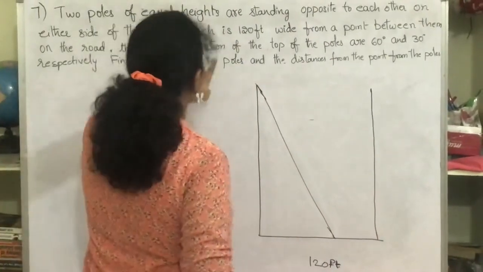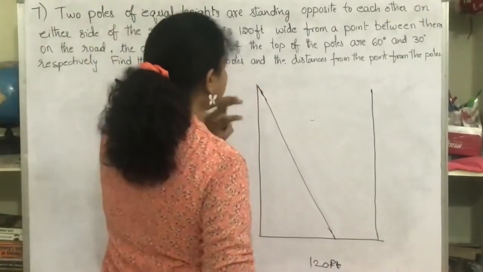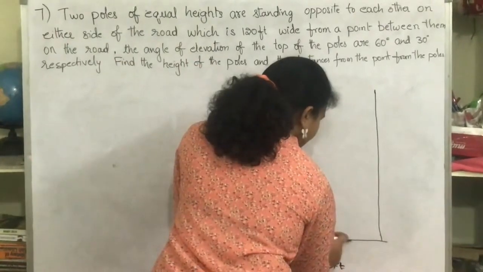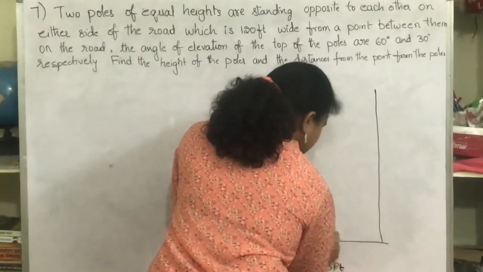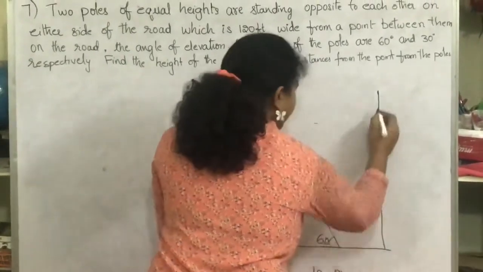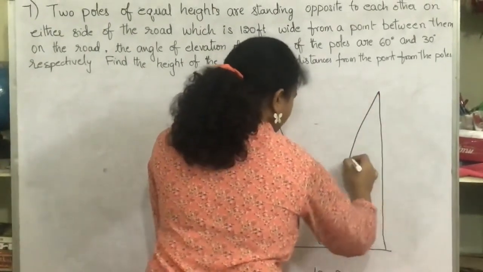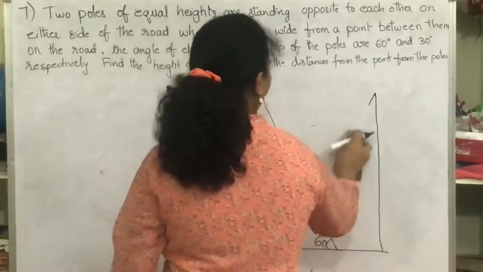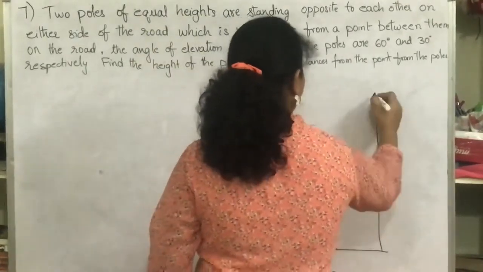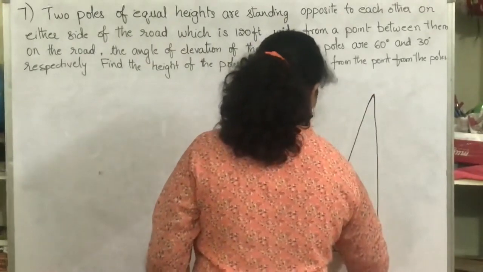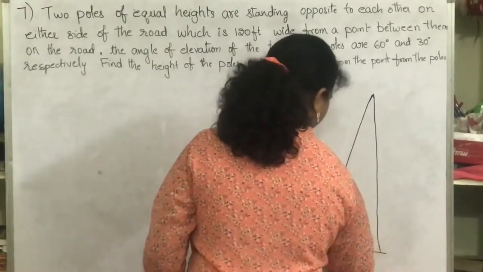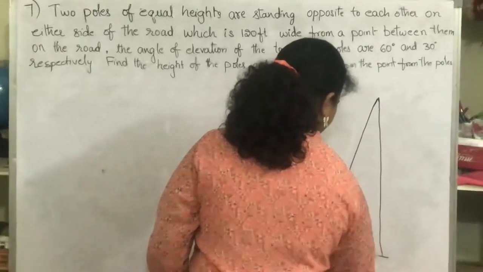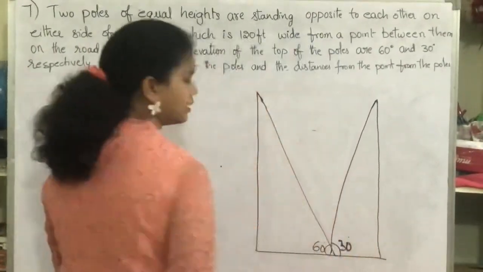The angle of elevation of the top of the poles are 60 degrees and 30 degrees. So let this be 60 degrees, and from a point here to here, let this be 30 degrees.